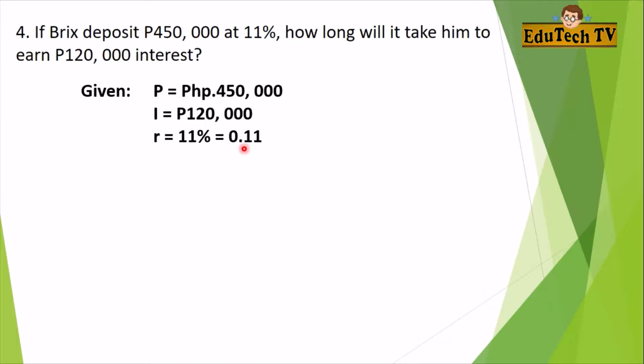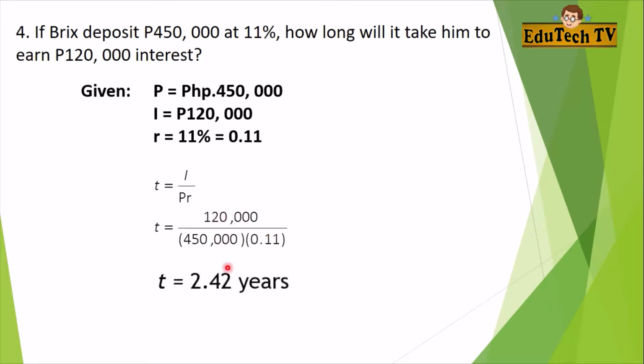Using the formula for time, we have I over PR, so just perform this and we'll have 2.42 years. So after 2.42 years, Bricks' money will earn 120,000 pesos.